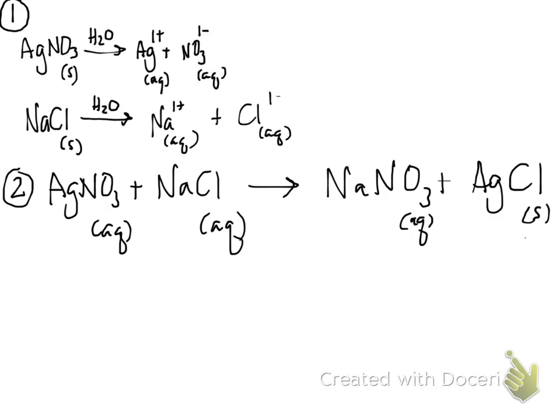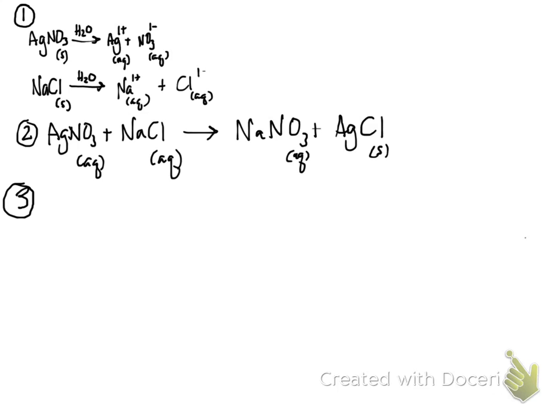Now we're going to take the two things we've learned and we're going to smash them together. I know you love it when we do that. So in step 3, we're going to take these dissociated ions, and we're going to put them all together in one big equation as a recognition of what's actually happening here.